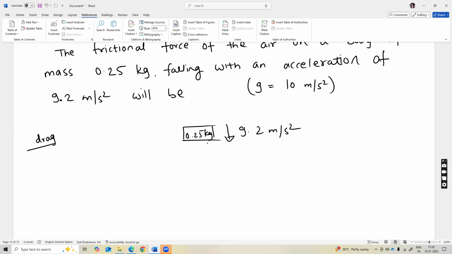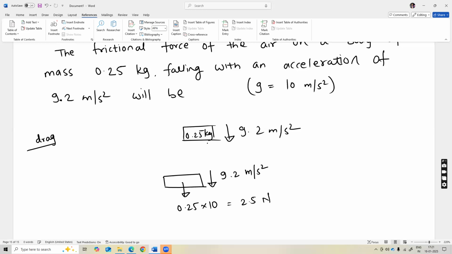To calculate how much is the frictional force experienced by this body, we can simply draw a free body diagram. There is 0.25 kg into 10, that is 2.5 Newton weight of this body acting downwards, and it is having acceleration of 9.2 meter per second square.